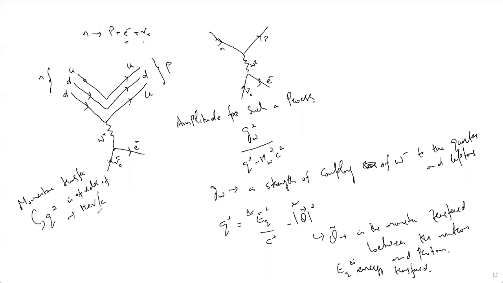If you compare MeV and GeV, you will see this MeV is very small in comparison to the mass of the W plus or minus, the M_W c squared. So the four-momentum transfer squared here will be very small, very negligible, and the mass of the W is very high, of the order of some GeV, 82 GeV as I told you. So if you compare it with 1 GeV, it's like you are adding 0.1 to 100.